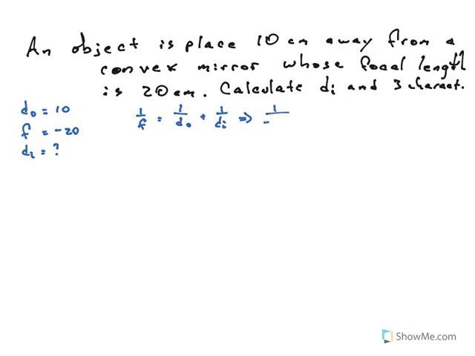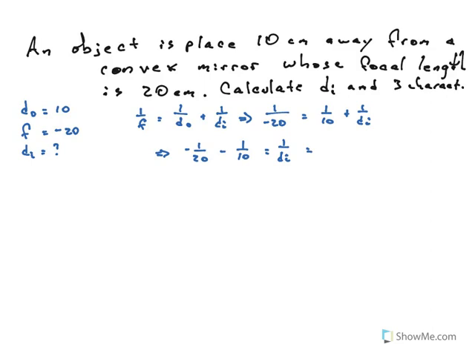So 1 over negative 20 is 1 over 10 plus 1 over DI. Solve this for DI, we get negative 1 over 20 minus 1 over 10. So I just brought the 1 over 10 to the other side, equals 1 over DI.